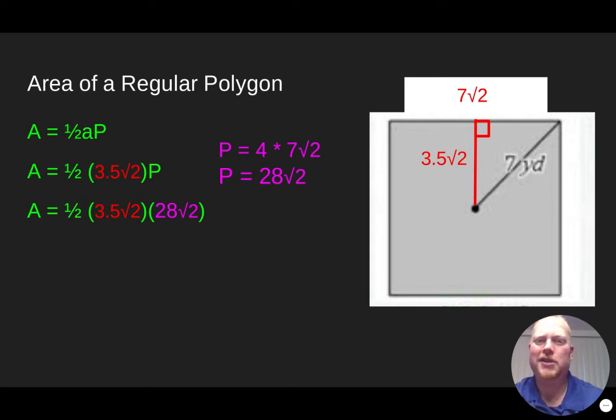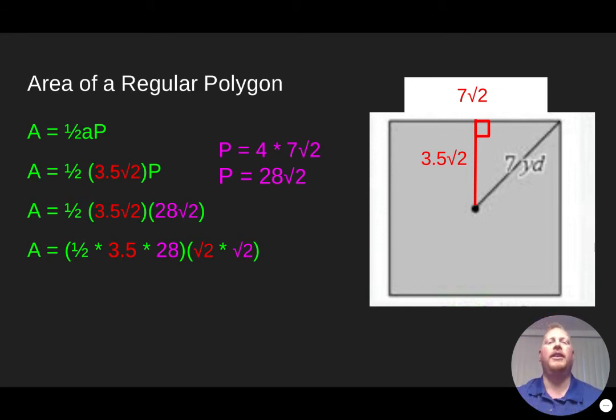However, it looks a little bit complicated. I've got some numbers that are underneath the square root, some numbers that aren't. So the way we multiply all this is all the numbers that are not underneath the square root, I can multiply those. So I can multiply 1/2 times 3.5 times 28. And then the numbers that are underneath the square root, I can multiply those together. So I've got square root of 2 in one place, the square root of 2 in another place. I can multiply that together.